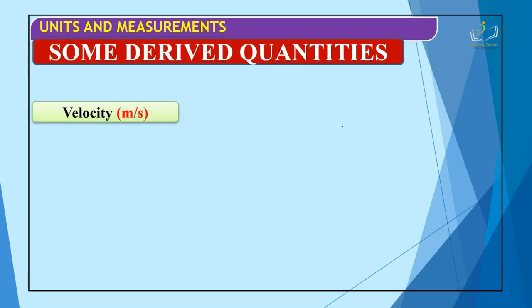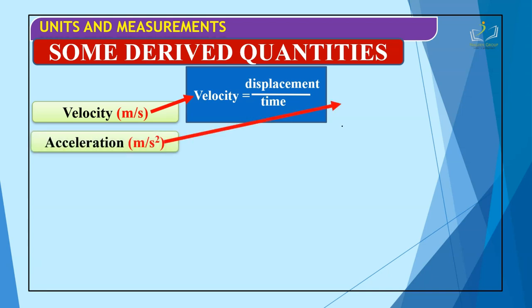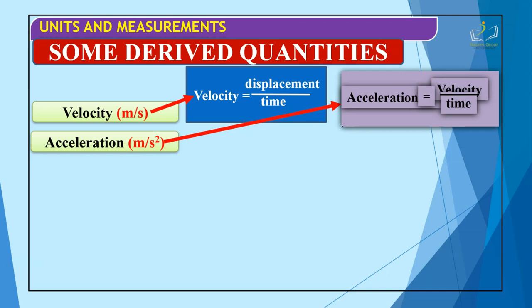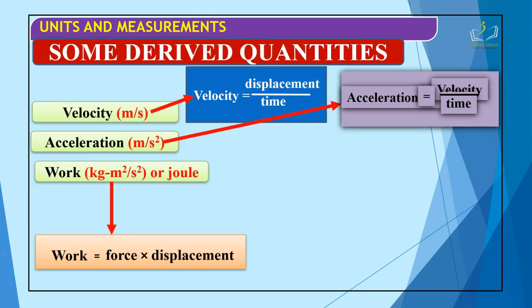So if I take some examples of derived quantities, velocity, which is in meter per second. Velocity is equal to displacement by time. That we know. Acceleration is equal to velocity by time. Work is force into displacement.